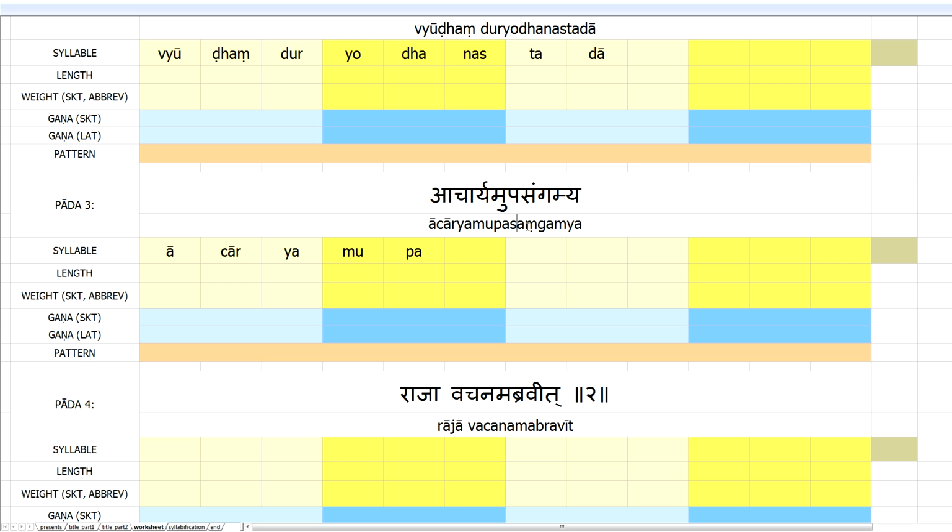We have an anuswara here which always goes with the vowel to the left, and then we have two consonants m, y, so we form gum and y.